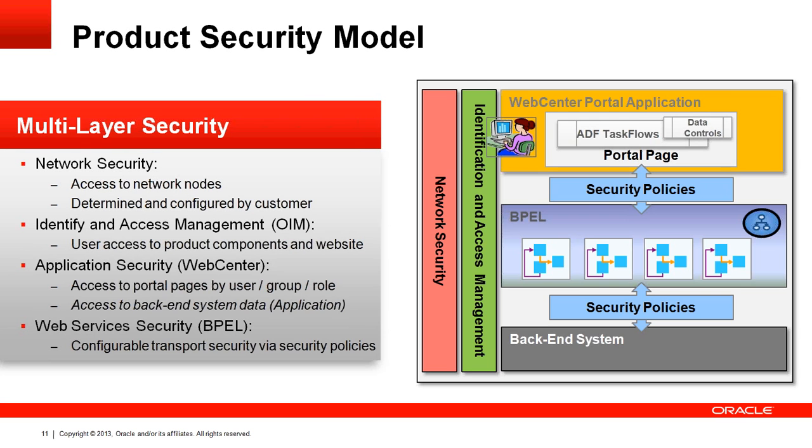And in addition to that, the application security includes one more thing: once a user has access to certain pages, there are data security settings. So users can only see data that they're allowed to see. This is actually done in the application itself using the enrollment functionality.